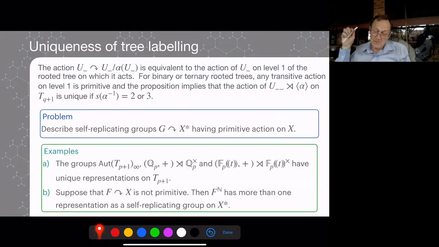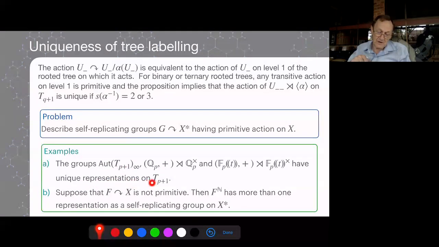Now here are some examples. The scale groups that I mentioned at the beginning, these scale groups all happen to have primitive actions on level 1, and so they have unique representations on the regular tree.